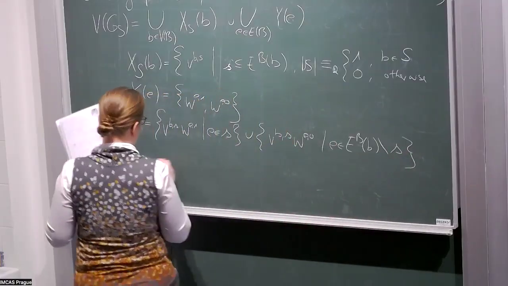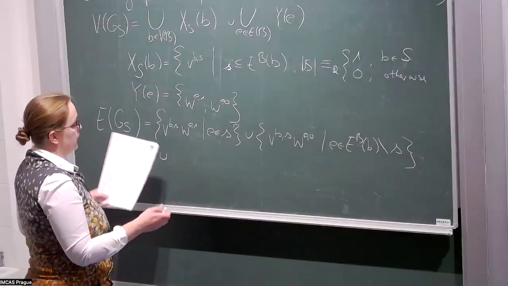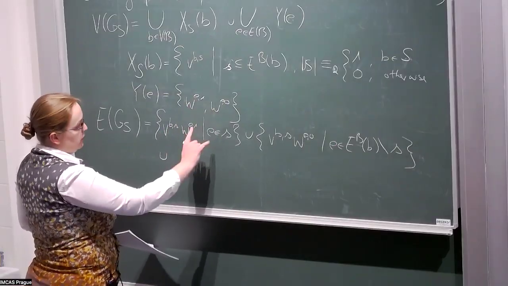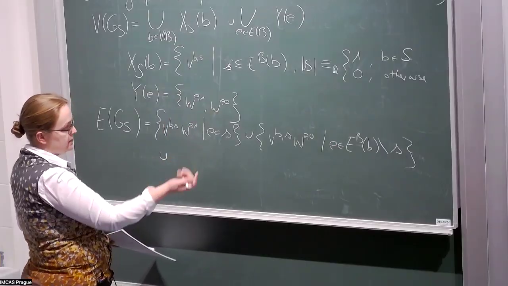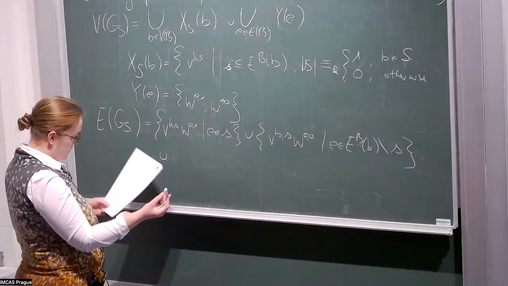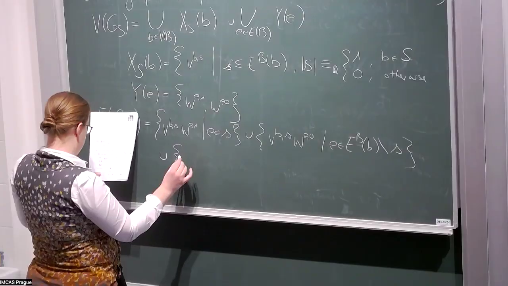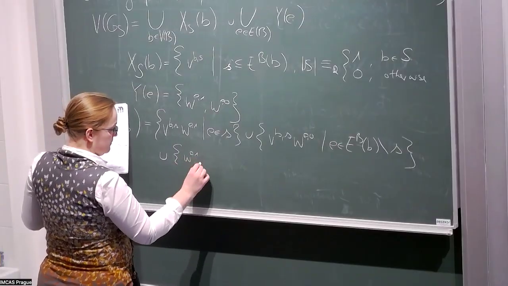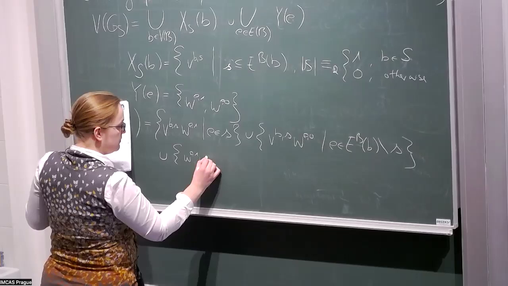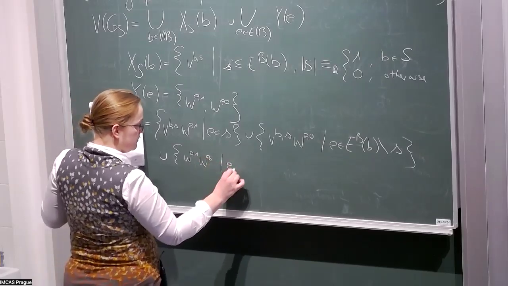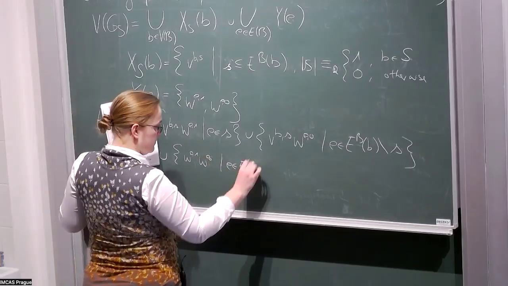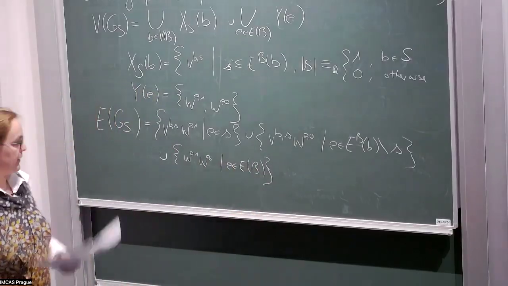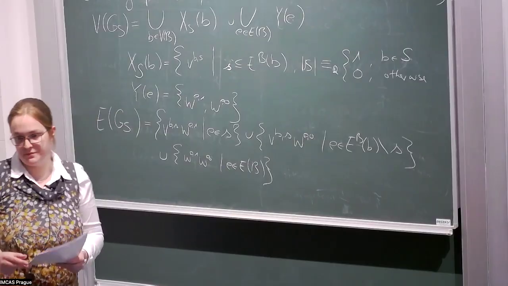And then additionally, we also always put an edge between the two, like E1 and E0, of the same edge. Okay, so this is the construction.